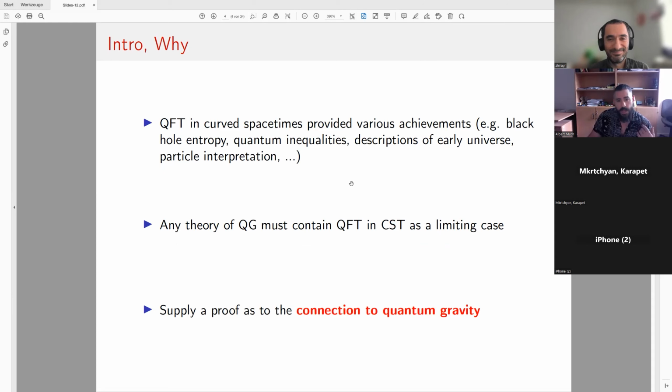Any theory of quantum gravity must contain QFT in curved spacetime as a limiting case, just like any mechanics theory has to include classical mechanics in some limit. I want to see how far I can get with this program and prove a real connection to quantum gravity, mathematically and hopefully physically also.